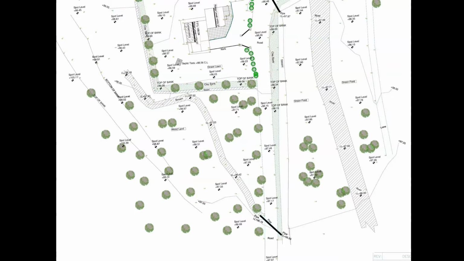Before we could start doing the design, we need to provide a plan which looks something similar to this. And that's what we'll be looking at, how to produce a plan or a map which is fit for design and construction.